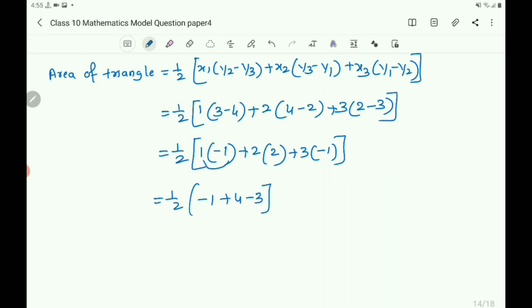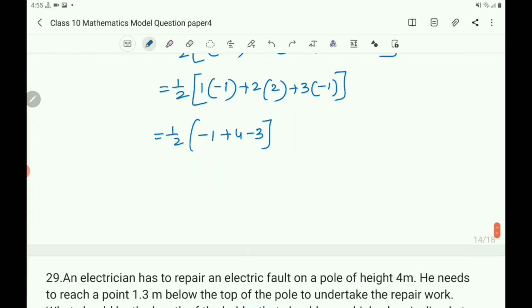Here 1 into minus 1 is minus 1, 2 into 2 is 4, and 3 into minus 1 is minus 3. Then that equals half into (4 minus 4).